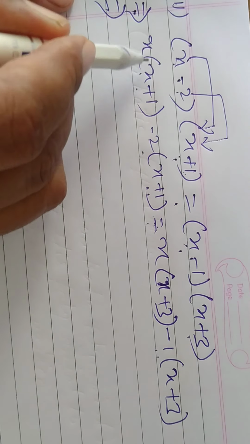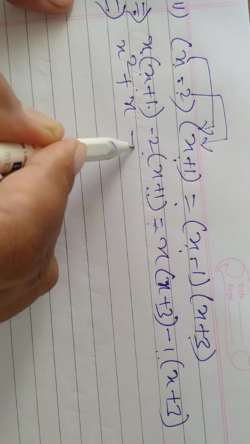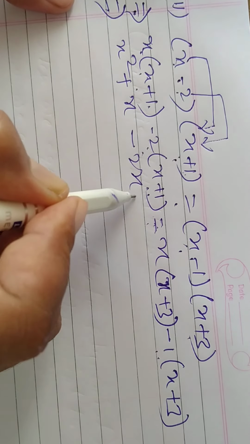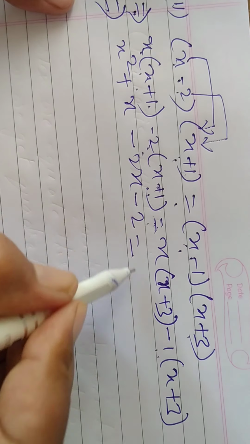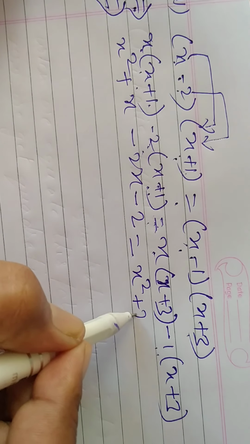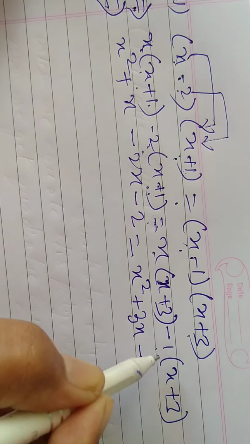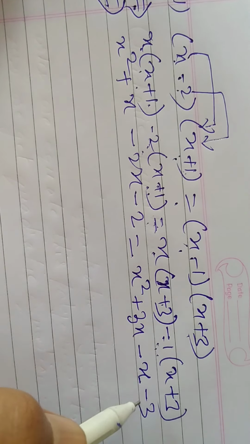Now we multiply it. x into x, x², plus x into 1, x, minus 2 into x, 2x, minus minus 2 into 1, plus 2, equal to x into x, x², plus 3 into x, 3x, minus 1 into x, x, minus 1 into 3, minus 3.